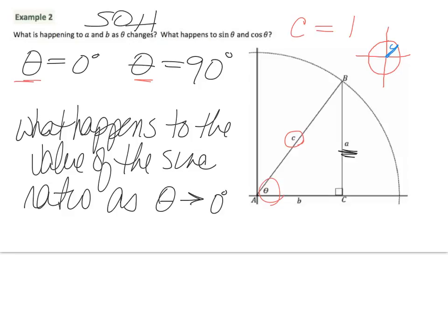I've got this radius of my circle right here, and I'm going to bring it down to make theta approach 0. So this stick, I'm angling it down to make that theta approach 0.